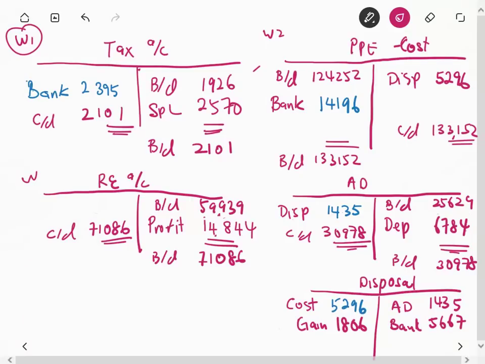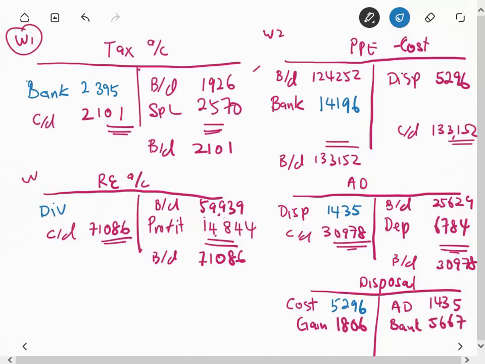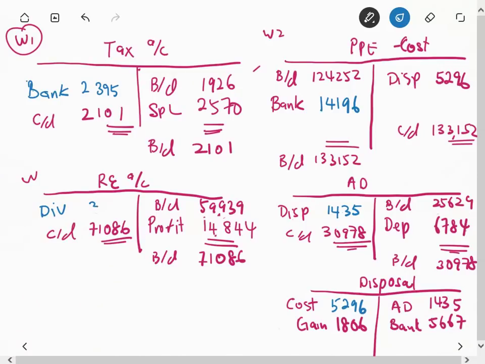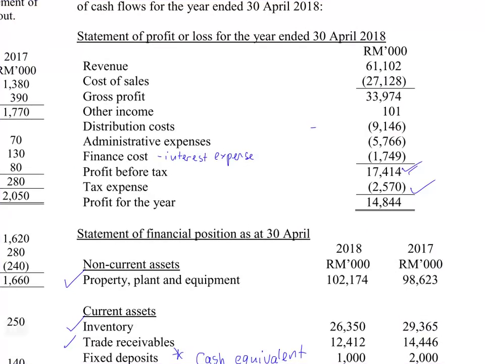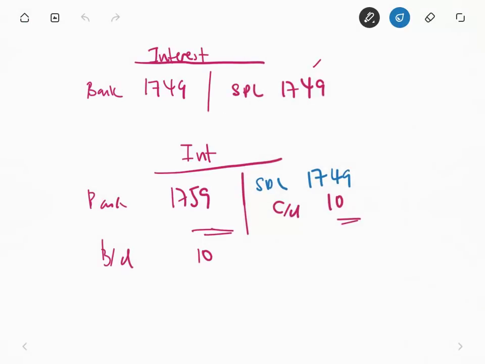Because I pay dividend. So the balancing is dividend. How much is the dividend? 3697. Dividend, $3697.